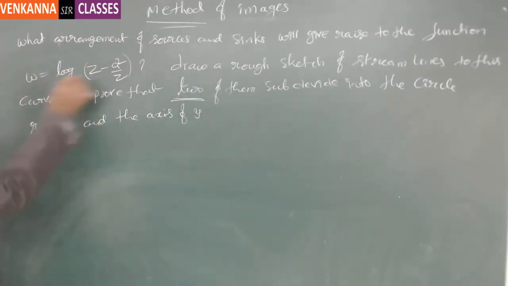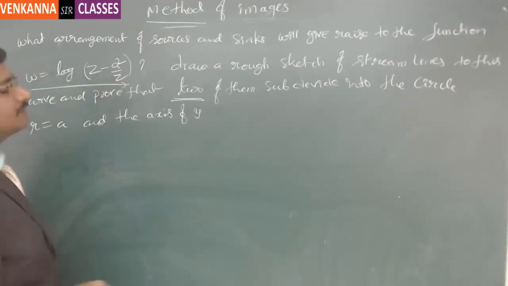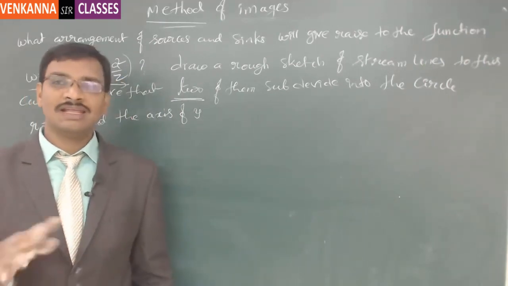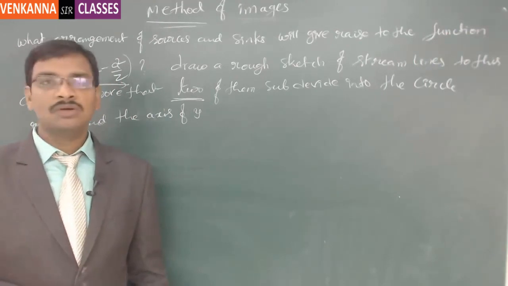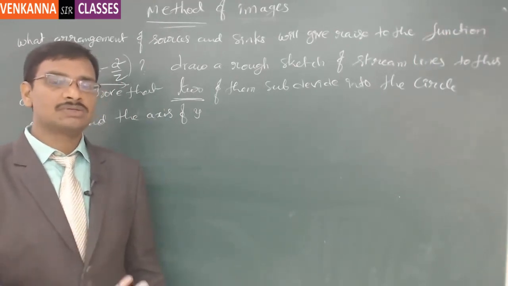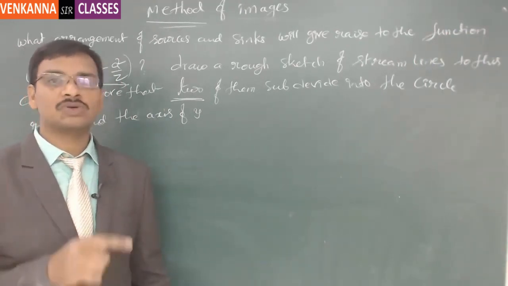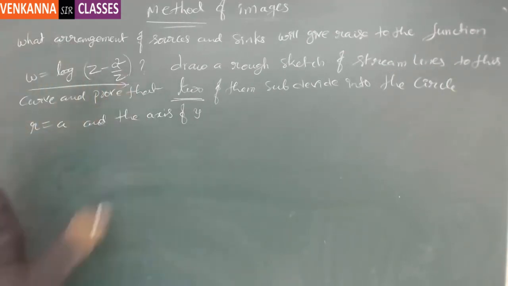Now here this is straightforward and simple. What he has given is the complex potential of the arrangement of the sources and sinks. Now we have to dig it back so that you can identify the presence of the sources and sinks based on this complex potential.